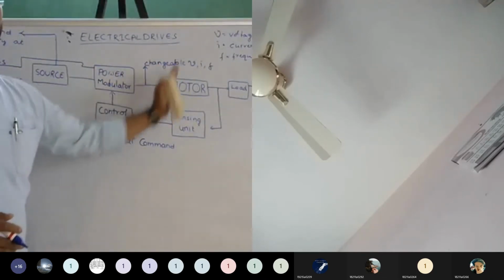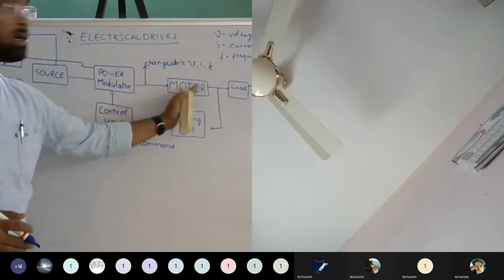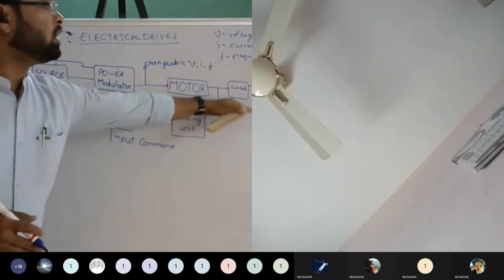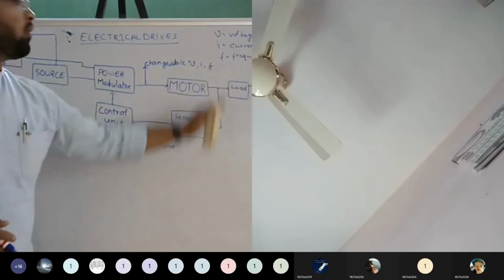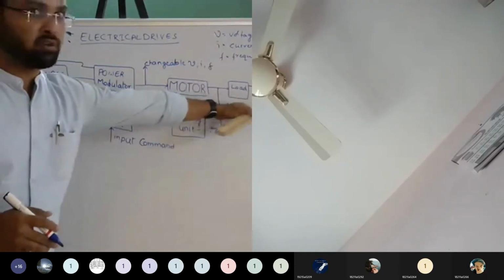So it has to take the power supply and limit it according to the voltage, current, and field requirement of the motor, according to the characteristics. What are the speed and torque characteristics required for the load?